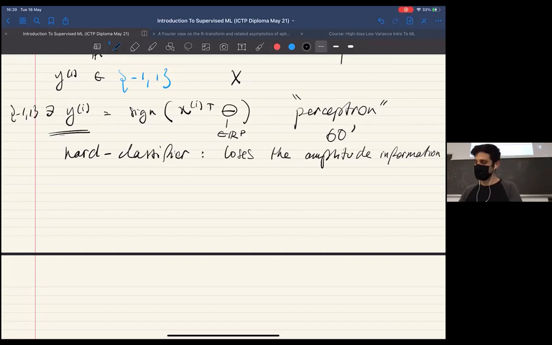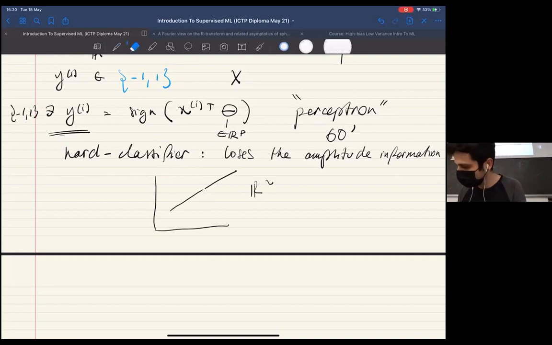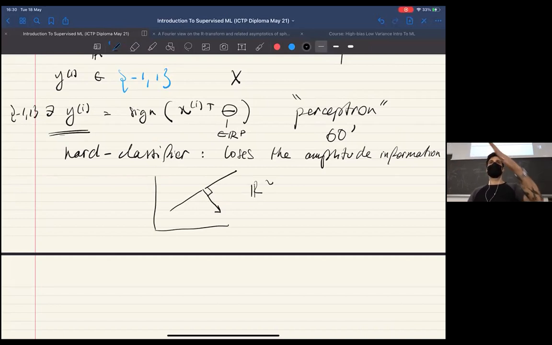So in the simplest setting, just 2 dimensions, say in R2, this vector theta defines a hyperplane, which is the set of points, the plane which is orthogonal to the vector theta.